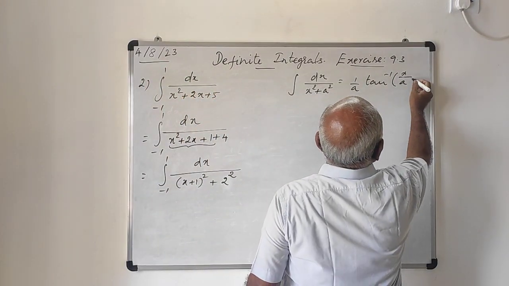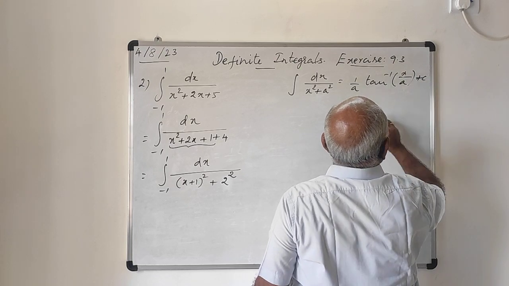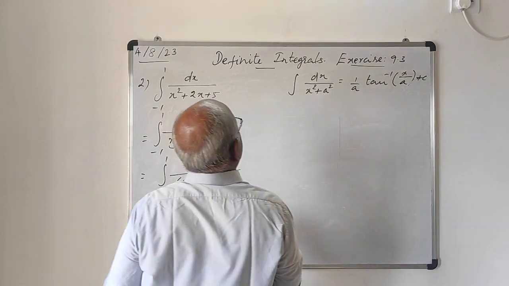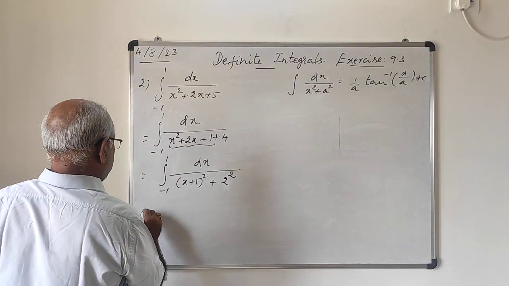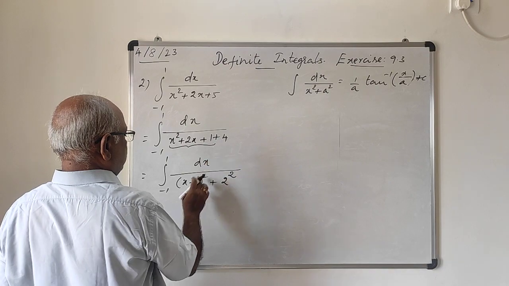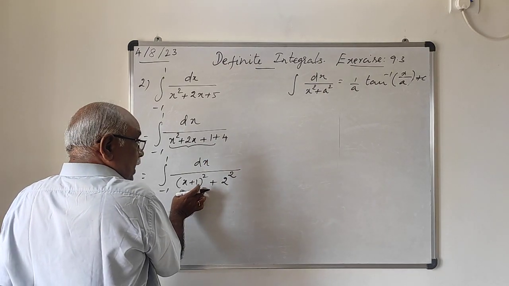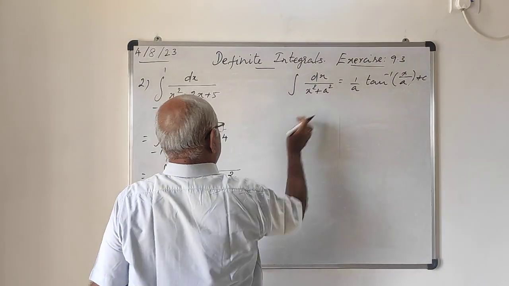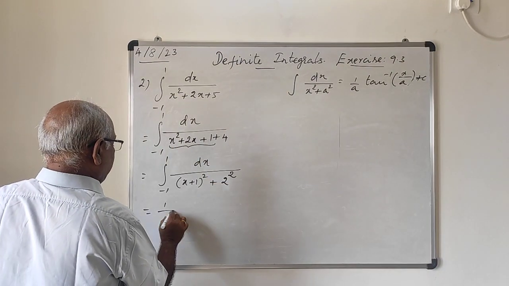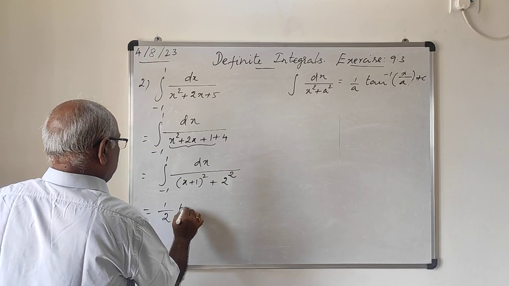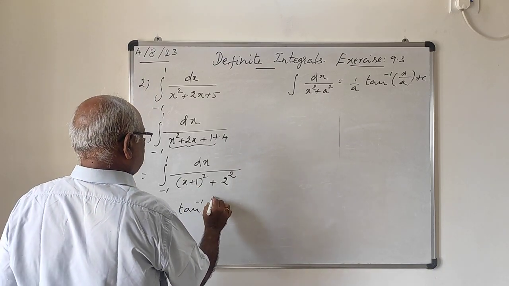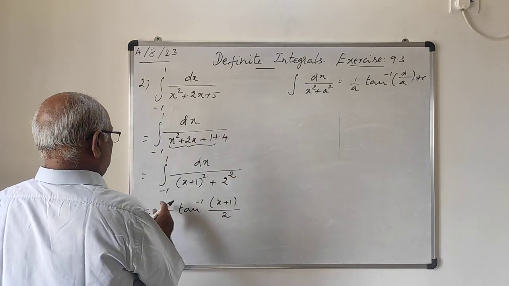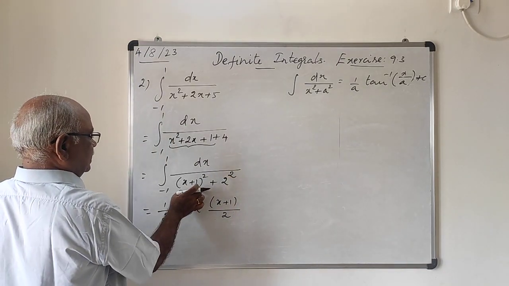Here 1 by a is 1 by 2. Instead of x we get x plus 1, and a square is 2 square. So by using that result, 1 by a is 1 by 2, and tan inverse of x is tan inverse of x plus 1 by 2.